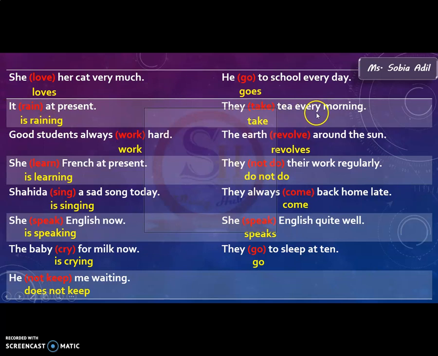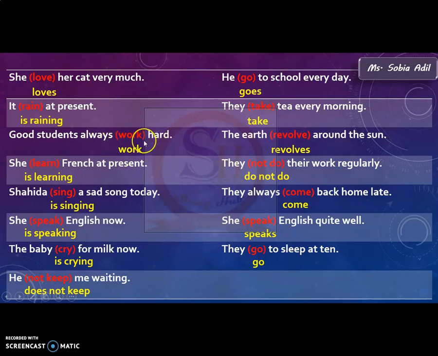Next one is: they take tea every morning. Every morning, look at this word, is telling you about a daily basis activity, right? So it is indefinite. You do not need to change it, because this is the correct one. They take tea every morning. This will remain the same. Next one is: good students always work hard.